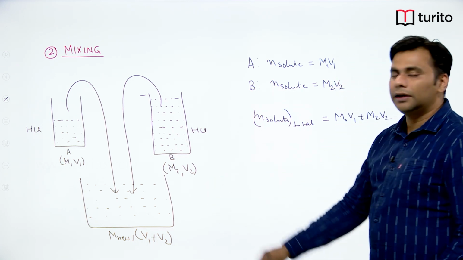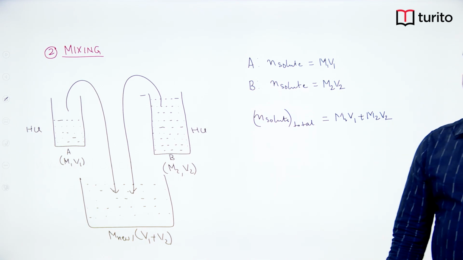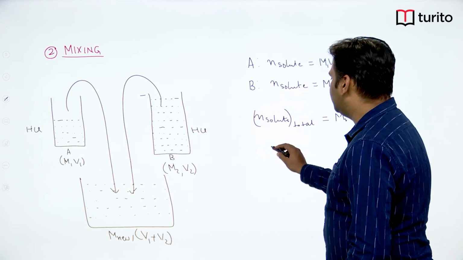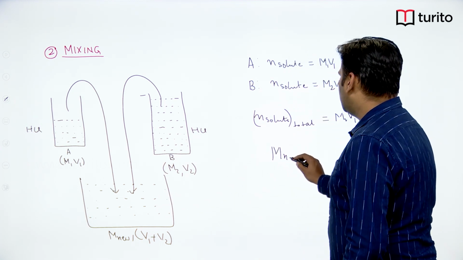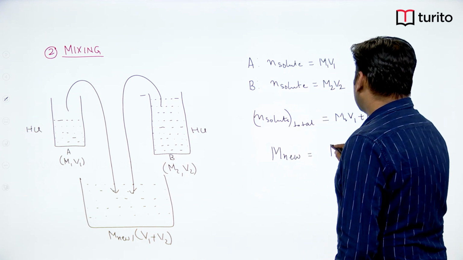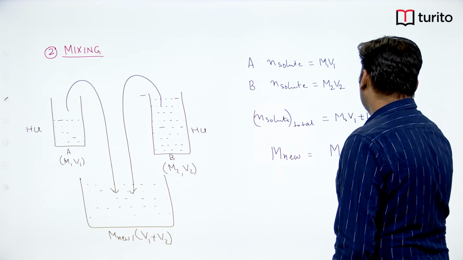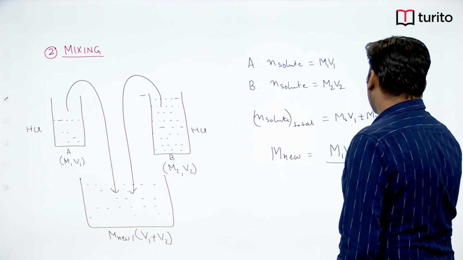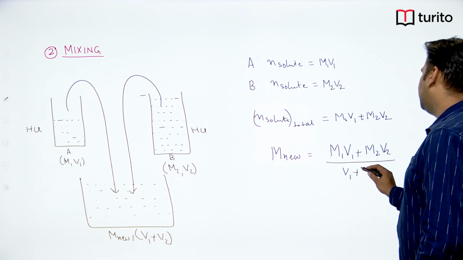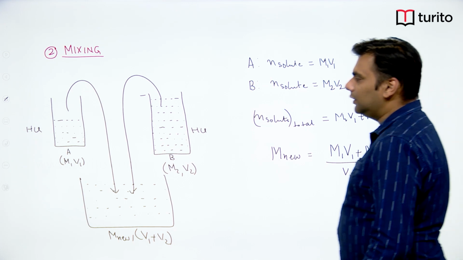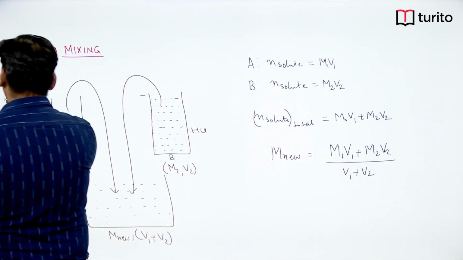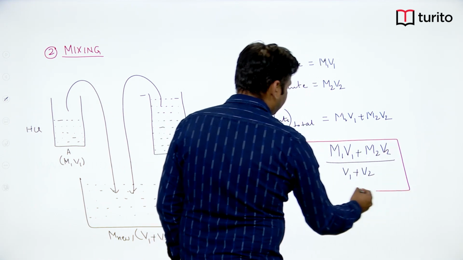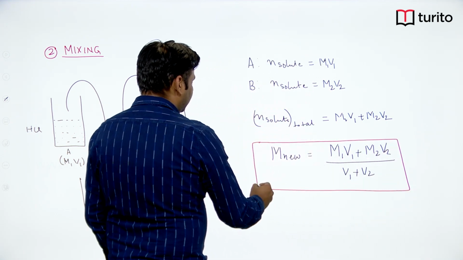We know that molarity is the number of moles of solute divided by the volume of solution in liters. So the molarity of this solution would be the total moles of solute, that is M1 V1 plus M2 V2, divided by the total volume, that is V1 plus V2. This would be the formula for mixing of two same solutions. I hope this is clear to everyone.